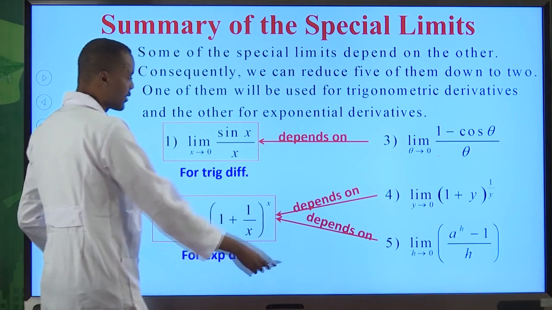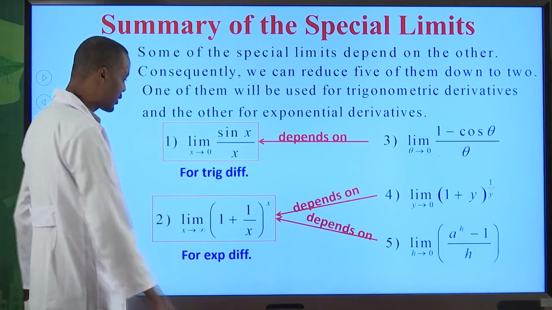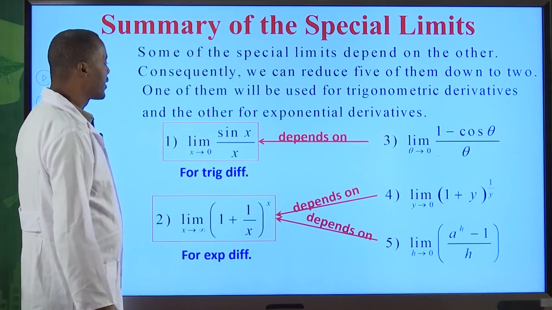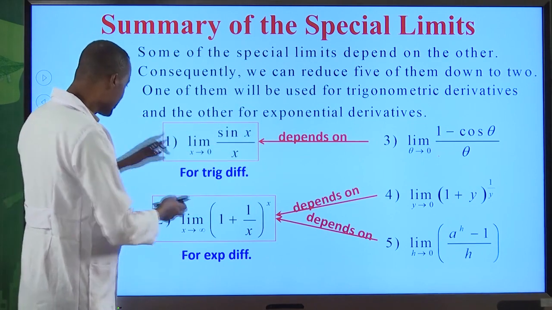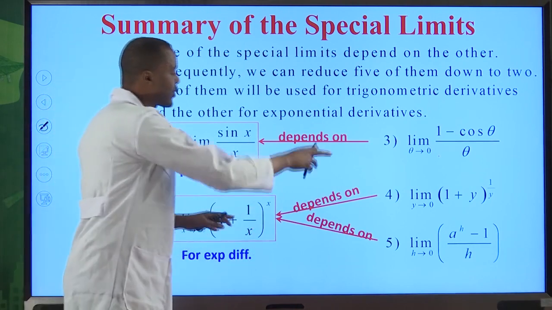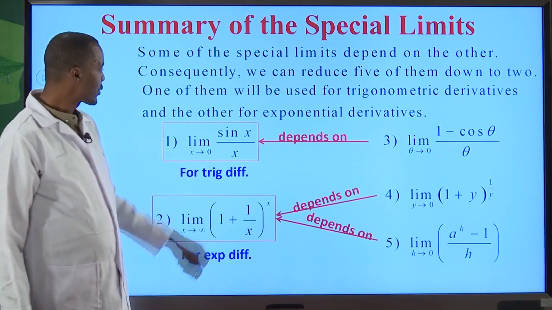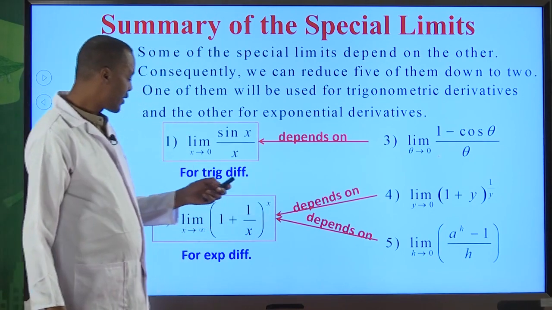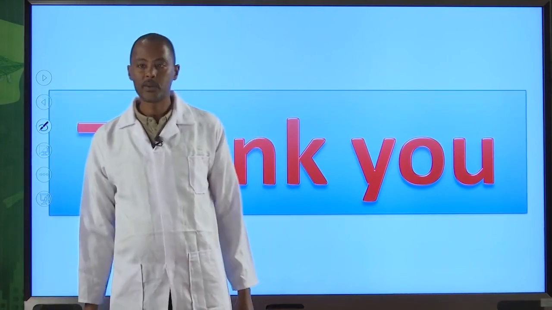And these two are dependent on this one in some way, because during our derivations I've showed you. So these 5 special limits can actually be reduced to only these 2, but for the sake of convenience we will keep 5 of them because they are so important to pave a way for the development of derivatives. And this brings us to the end of this lesson.